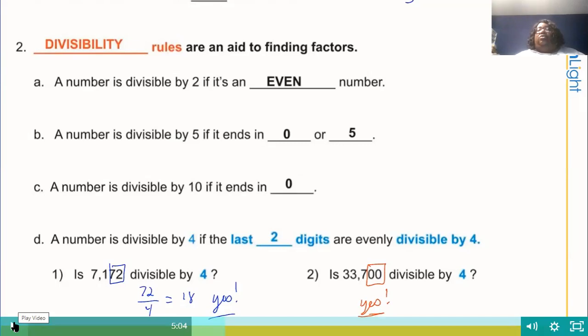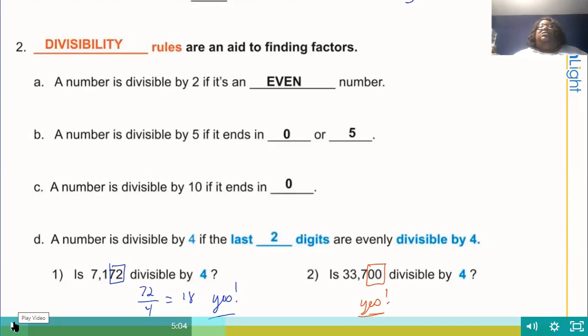So if I have 200 and I decompose it, which means to break apart in math, I have 100 and 100. I can divide 100 by 4 and get 25. I can divide the other 100 by 4 and get 25. 25 plus 25 is 50. So 200 divided by 4 is 50. And it'll go on with 300, 400, 500, 600.